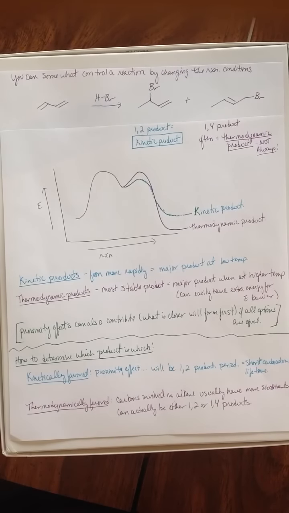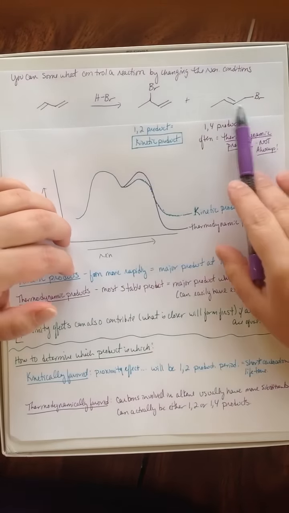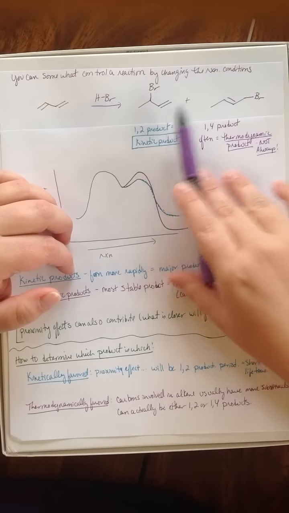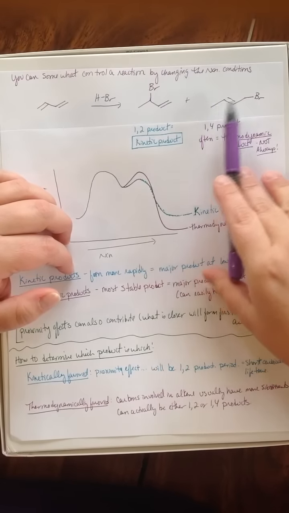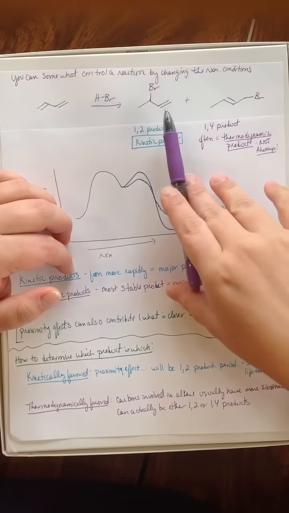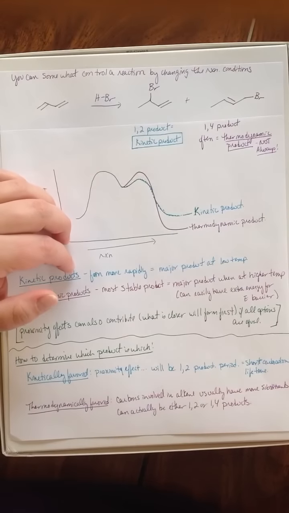The thermodynamically favored product can be the 1,4 or the 1,2 product. It's usually the 1,4, but not always. So we have to look at the two options. In this case, as I said, we have two substituents around that alkene, and here we only have one.